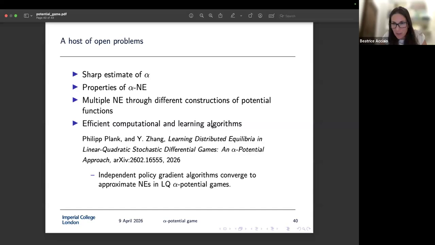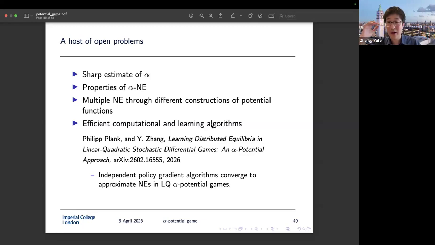I'd appreciate it if you can comment on how to determine the best alpha. Yes, and this will be the last question. As I said, in the discrete time game, you can find the optimal alpha. One way to define the optimal alpha is to consider the optimal alpha within a family of potential functions.